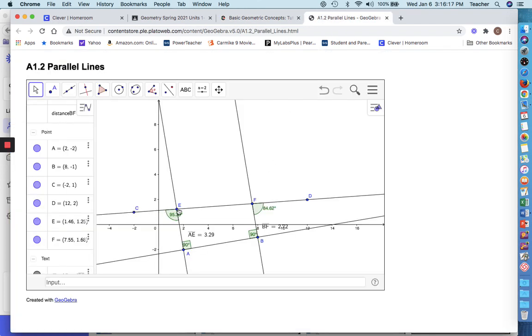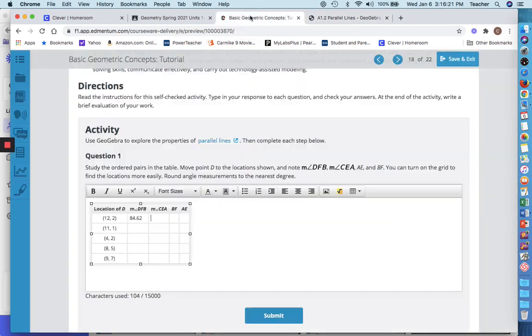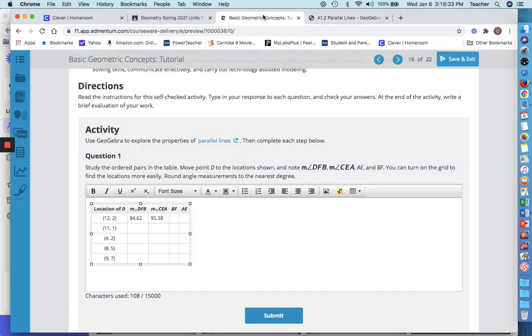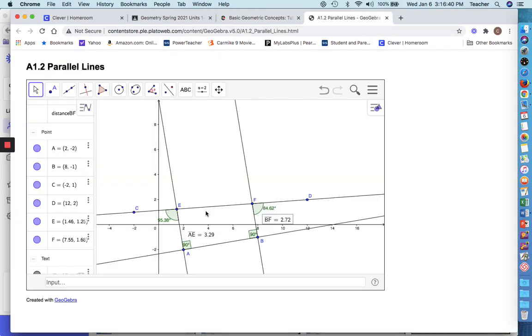There's C, there's E, there's A. So they want the 95.38. Now they want segment BF, the length from B to F. Oh, nice, they give it to me: 2.72. And now they want AE: 3.29.